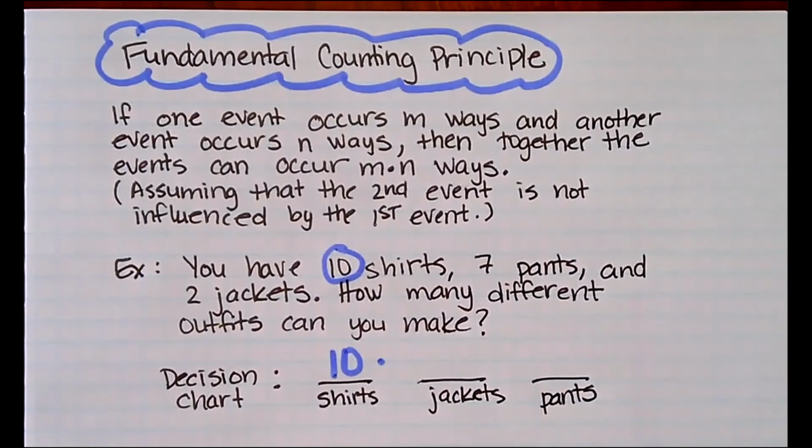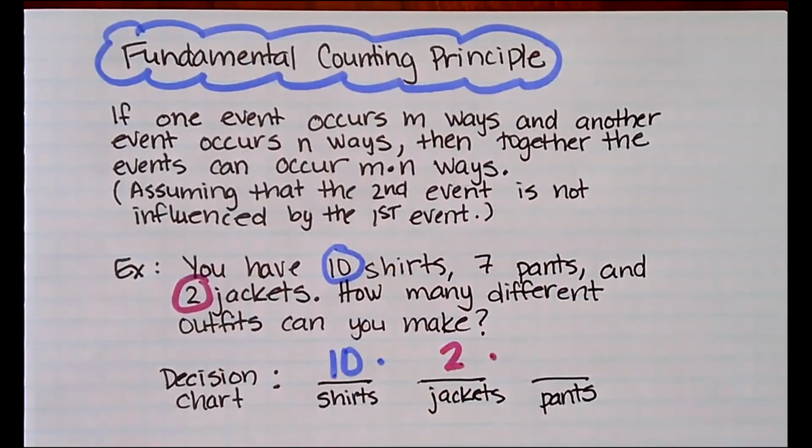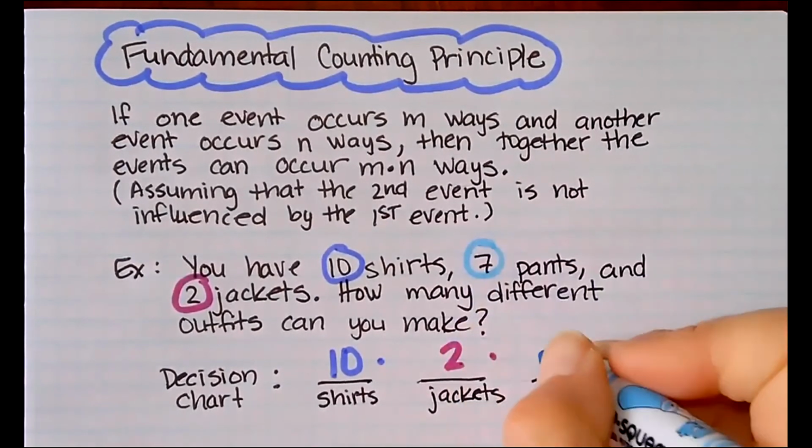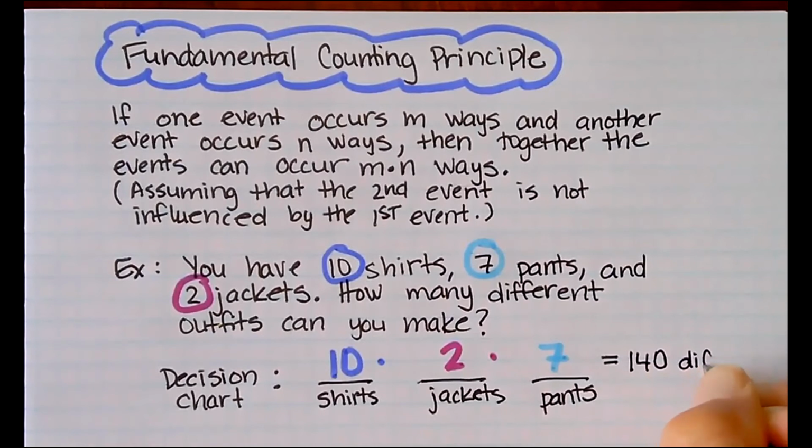For the jackets, we have 2 jackets, so I have 2 choices. And for my pants, we have 7 pants, so we have 7 choices. And we're going to multiply 10 times 2 times 7, following the fundamental counting principle, and we're going to get 140 different outfits.